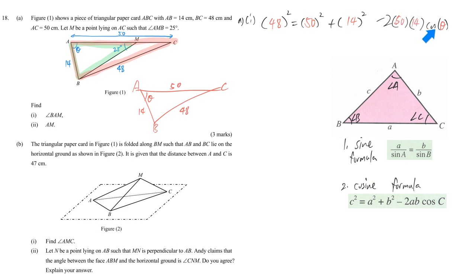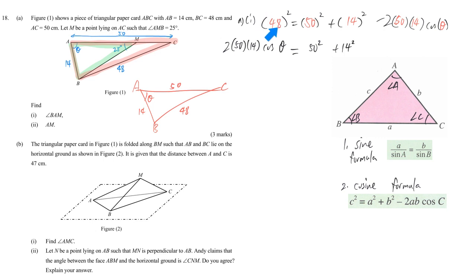We build up the equation with only one unknown, which is theta, so we can solve this equation. I want to have the theta term alone on the left hand side, so I move the term, on both sides plus 2 times 50 times 14 cosine angle C. And then we have 50 squared plus 14 squared here.